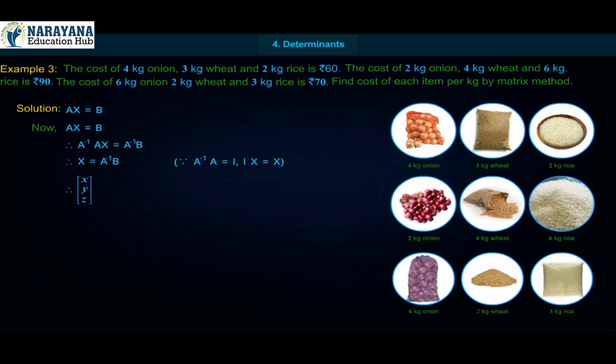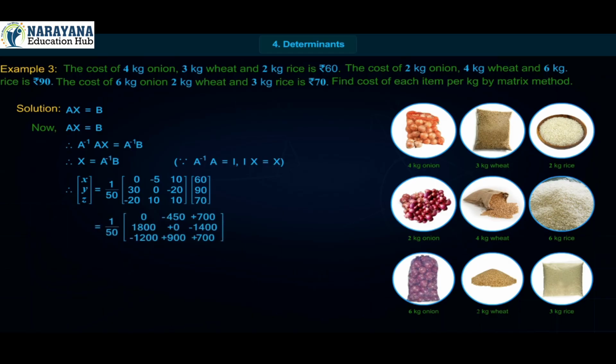Therefore, matrix X, Y, Z is equal to 1 upon 50 into matrix [0 -5 10; 30 0 -20; -20 10 10] into matrix [60; 90; 70], which is equal to 1 upon 50 into matrix [0 minus 450 plus 700; 1800 plus 0 minus 1400; -1200 plus 900 plus 700], equal to 1 upon 50 into matrix [250; 400; 400], equal to matrix [5; 8; 8].